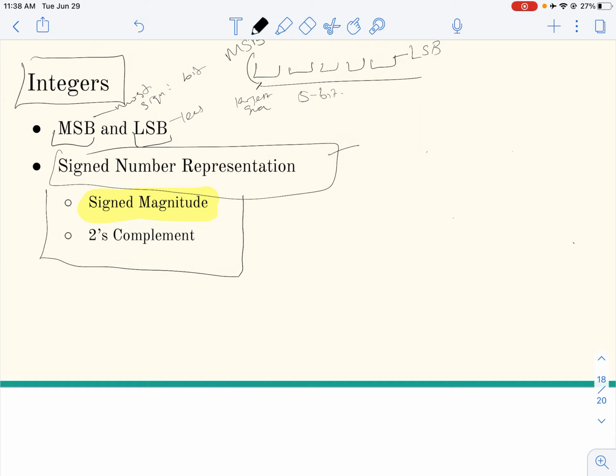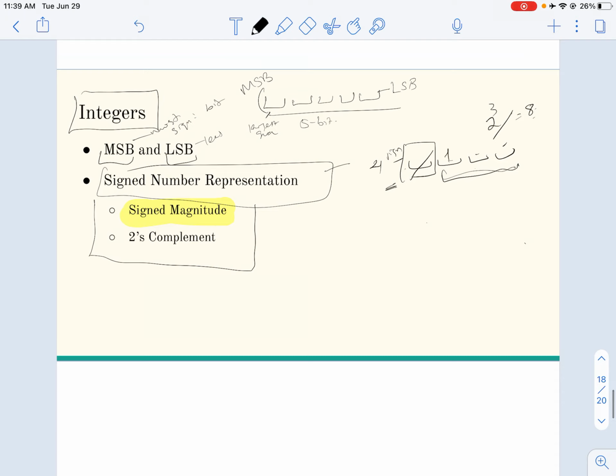Let's say I'm working with 4 bits. 4 ቦታ አለኝ። አንዷ እንዳለ ሁሌ ለምን ሪዘርቭ ተደርጋለች? ለሳይን ዴኖቴሽን ሪዘርቭ ተደርጋለች። ሶ 3 ቦታ ነው ያለኝ። ሶ እዚህ ጋር ስንት አይነት ፖሲቢሊቲዎች መናገር እችላለሁ? በዚህ በኩል 2 to the 3, 8 ዲፍረንት ፖሲቢሊቲዎች አሉኝ። And then እዚህ ጋር ደግሞ ሳይን አለኝ። Right?